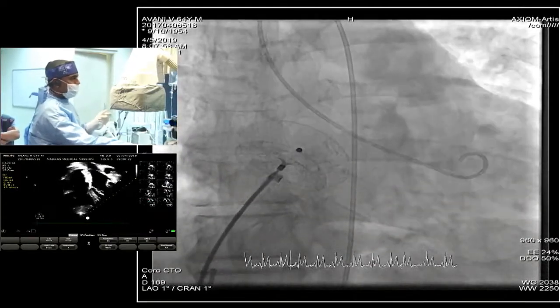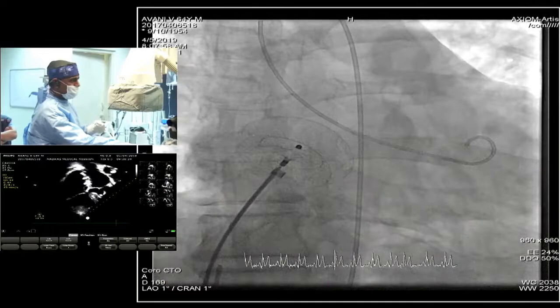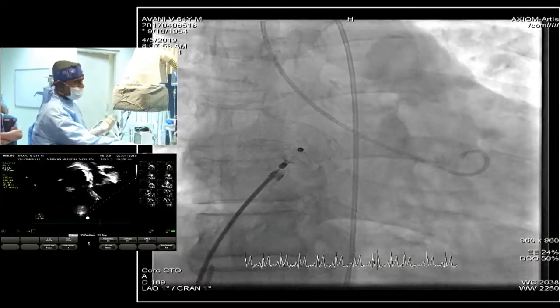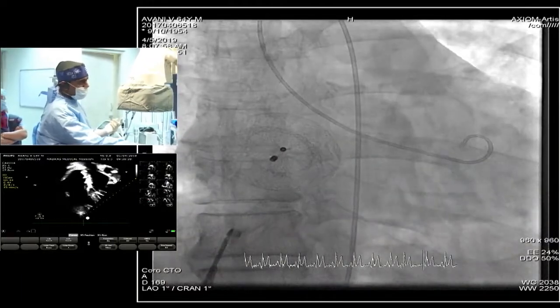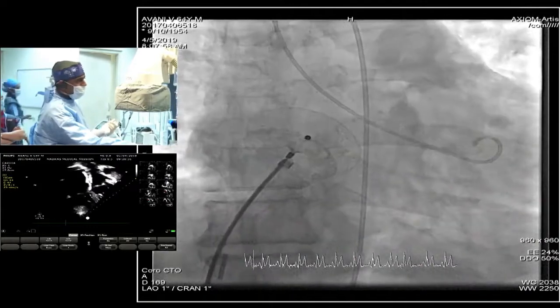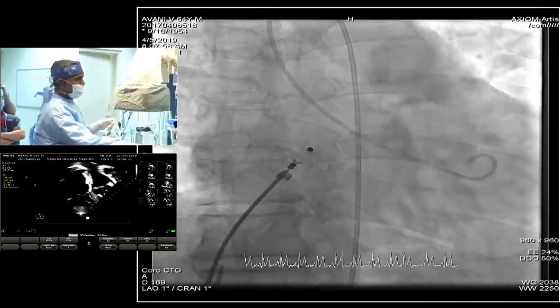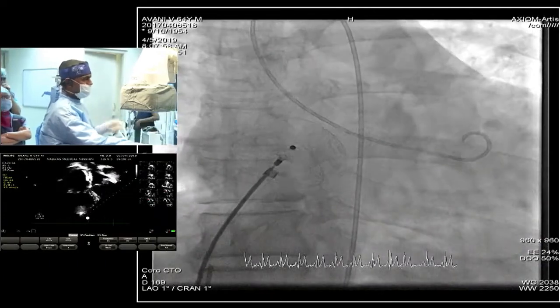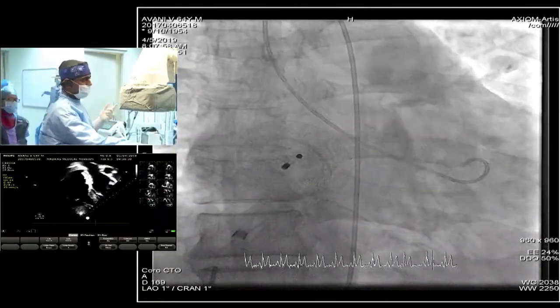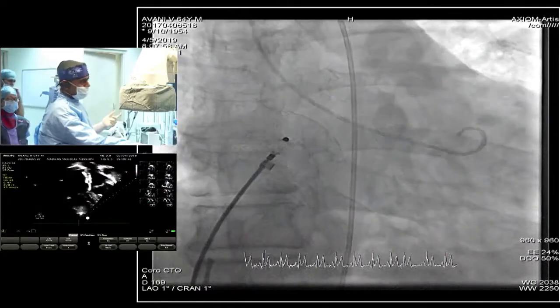But still, the hub will be caught by us, so it will not fly out into the heart. So the embolizations happen in a predictable and controllable manner, so that we are already holding the device even before it flies towards the right ventricle or the pulmonary artery.